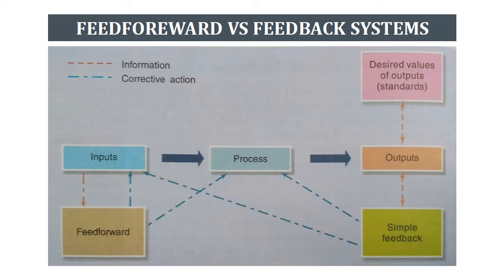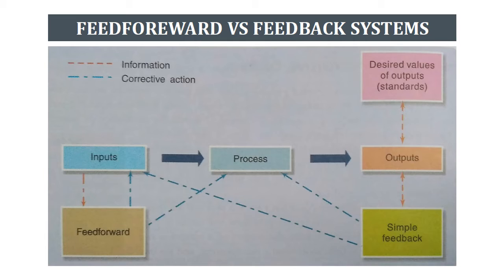This is a figure for feed forward versus feedback system. Both are explained here. You can see the red dotted lines are information, and the blue dotted lines show the corrective action. First I will explain the feed forward. Input, process, output. In the input stage itself, the red dotted arrow shows feed forward, and corrective actions are done there itself.